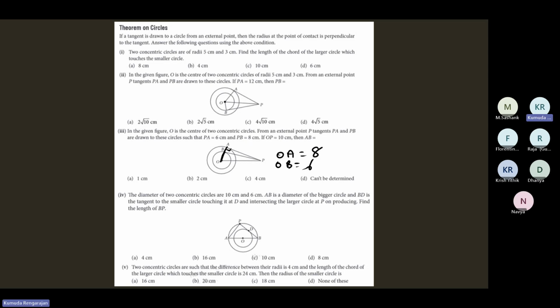This is 90 degrees. Radius, tangent, perpendicular. This is 90. Radius, tangent, perpendicular. See, you can understand from this itself that the situation is not possible because can you see there's a 90 here? That means what I'm trying to say is, O is a center, so this cannot be the radius.